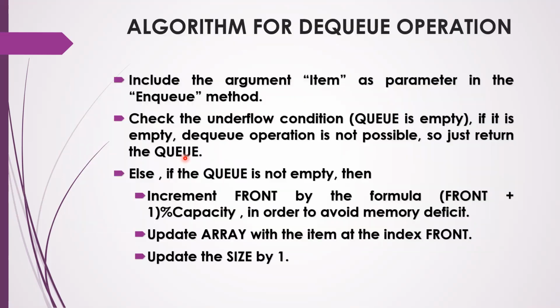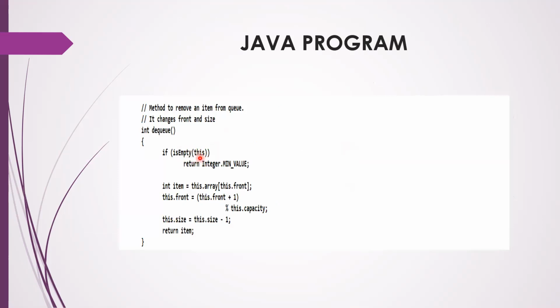Boolean isEmpty, that method is called here, and you're giving this. This means it's pointing to the current status. Suppose it is empty, this is true. You have to return the minimum value, whether it is -1. Yes. Next, you have to declare int item. In item, we have to return this.array, whichever value is present in the front, that will be returned into the item variable.